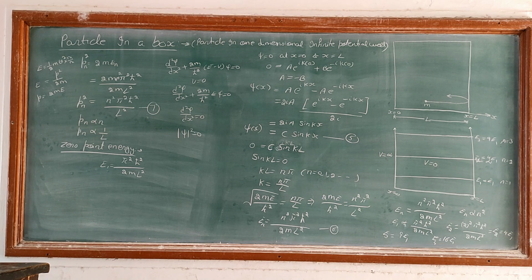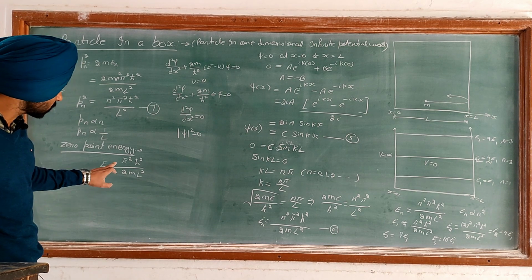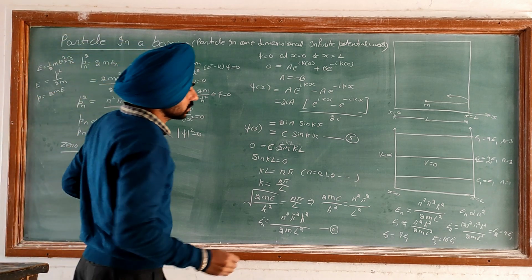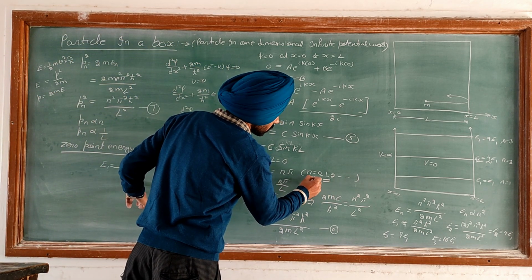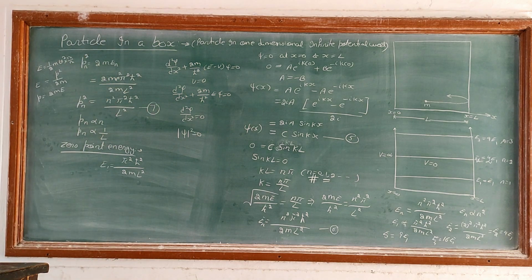Hence the particle cannot have 0 total energy inside the box, so it cannot be at rest in the box quantum mechanically. This is an important thing. So zero point energy is not 0, zero point energy is pi square h cut square upon 2ml square corresponding to n equal to 1. N equal to 0 is not allowed, it is not possible quantum mechanically.